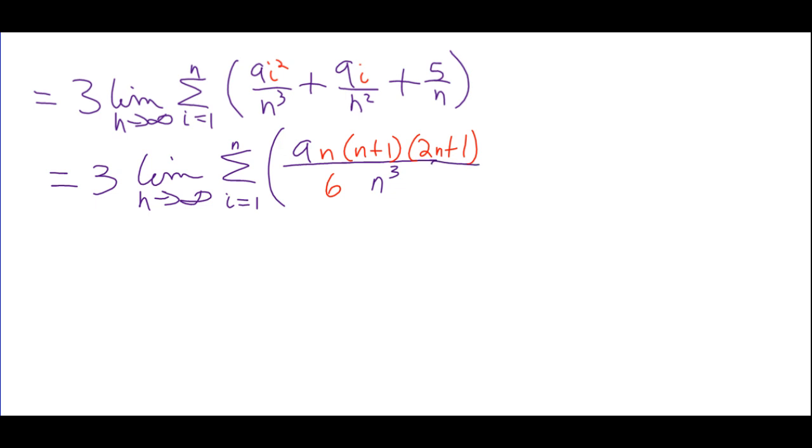Okay, so you see what's red here, the i squared? Well, that becomes this then, because that's the formula for the sum of i squared. Plus 9, and the formula for the sum of i is n times n plus 1 over 2.